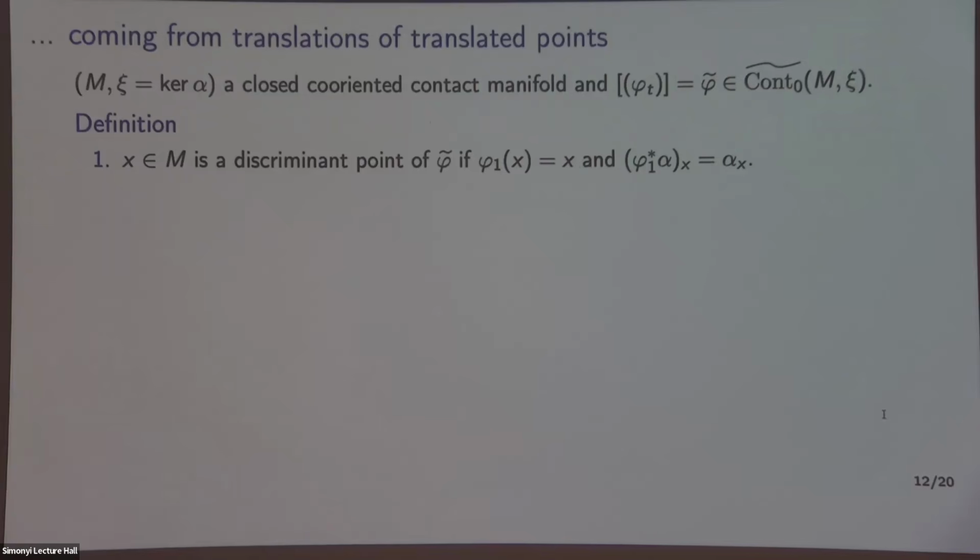Actually, this definition does not depend on the contact form. It's easier and more convenient to define it like that, but there is a way to define a discriminant point without any contact form, using only the contact distribution.